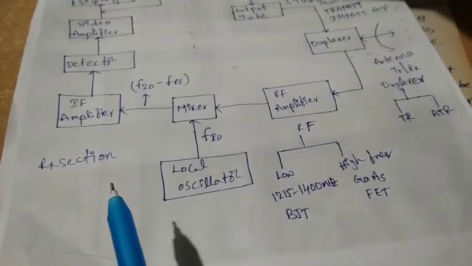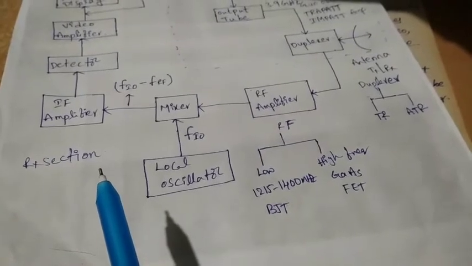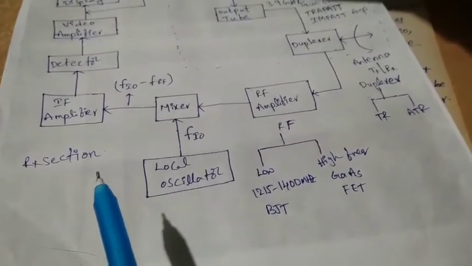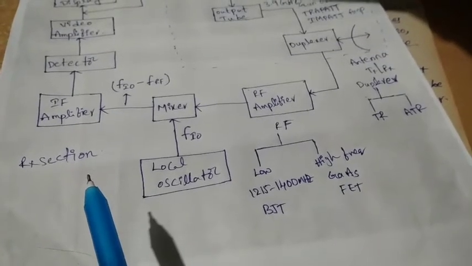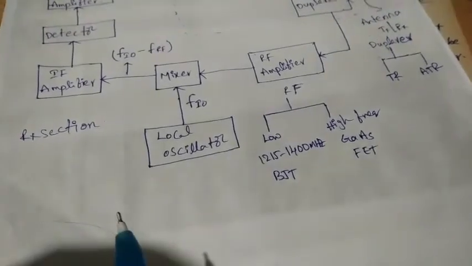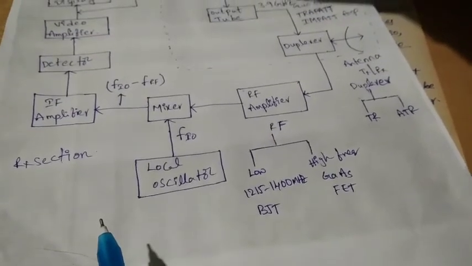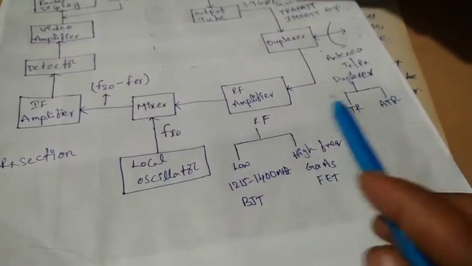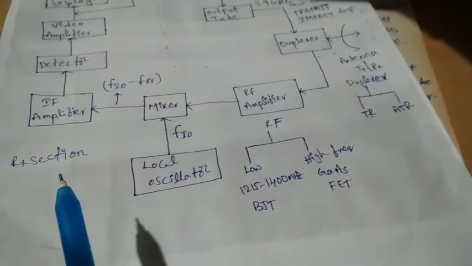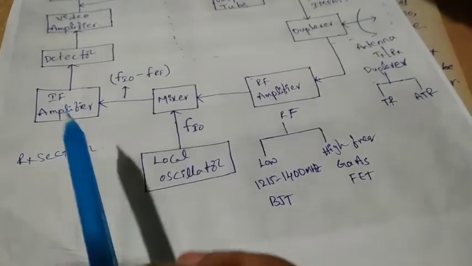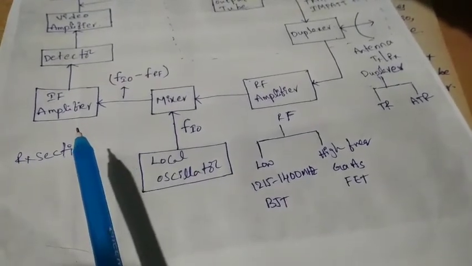For example, for air surveillance radar systems, the frequency range is 30 to 60 megahertz with 1 megahertz bandwidth. The gain of the receiver depends totally on the RF amplifier, so it provides the receiver gain. The IF amplifier frequency range is 30 to 60 megahertz.